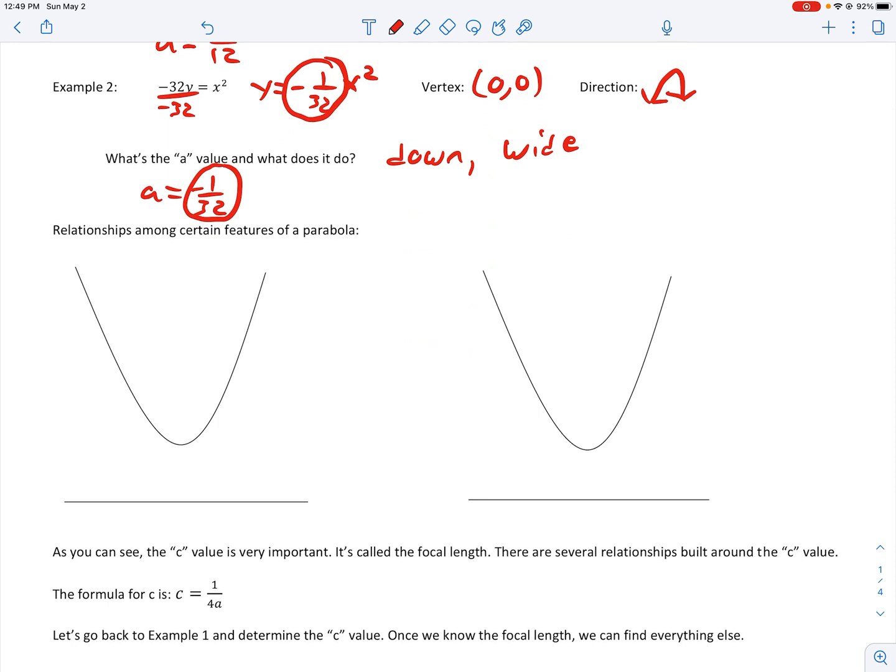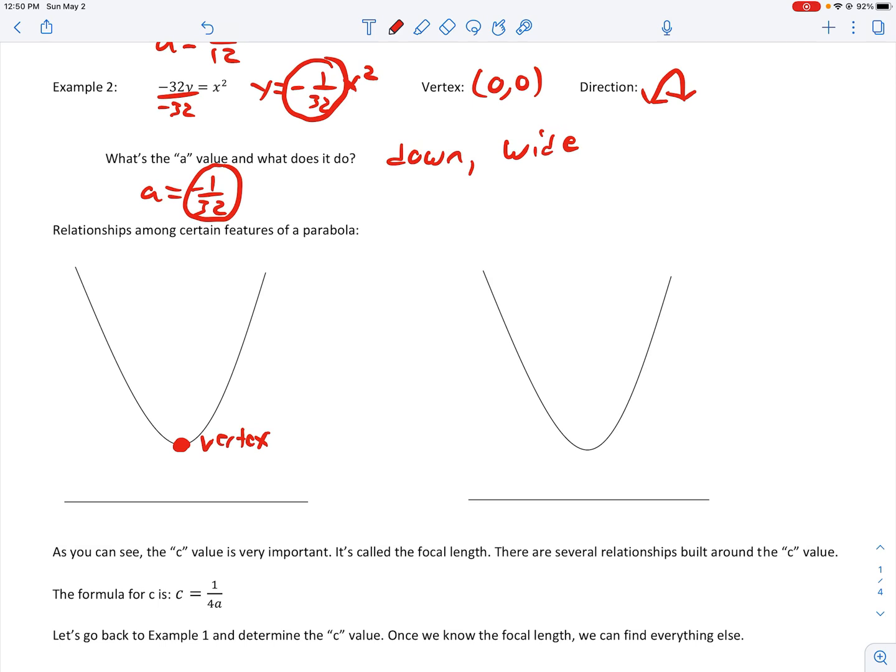So there are some relationships among certain features of the parabola. We have our vertex, which is this point here. But we have a couple other things.